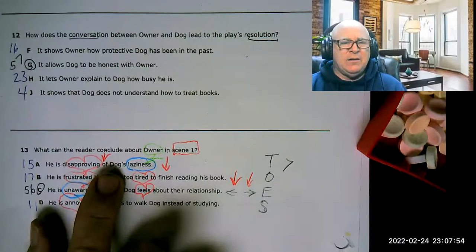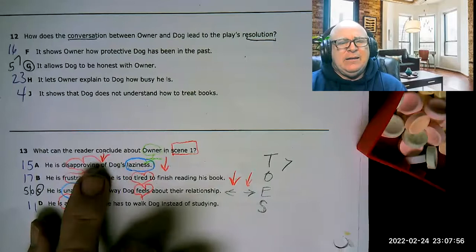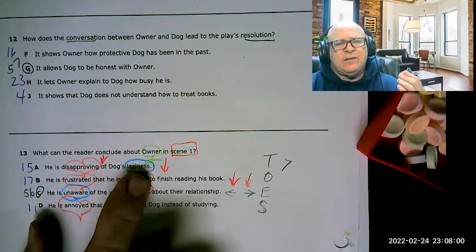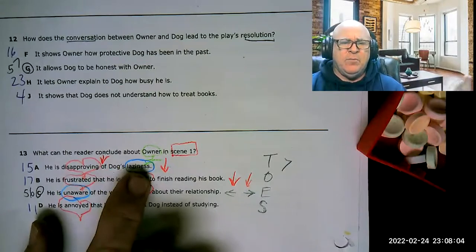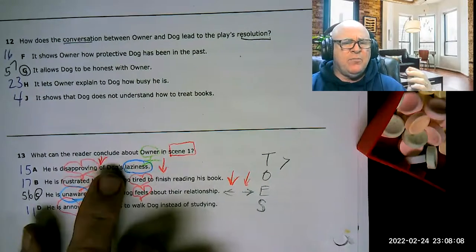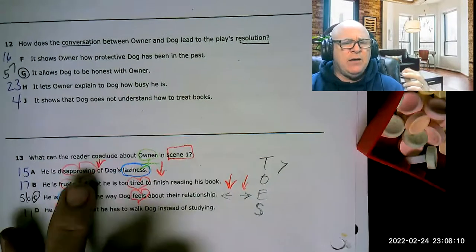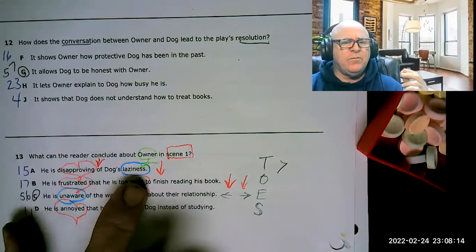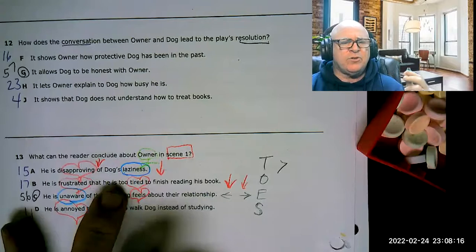Nowhere in there is he feeling that the dog is lazy. He's the one that told the dog to go sit down because he was kind of bothered. But is he bothered? Is he frustrated by being tired? Being too tired to finish reading the book? No. There was just no frustration.